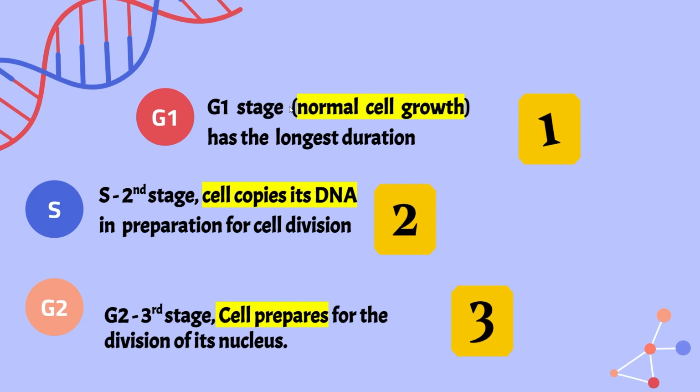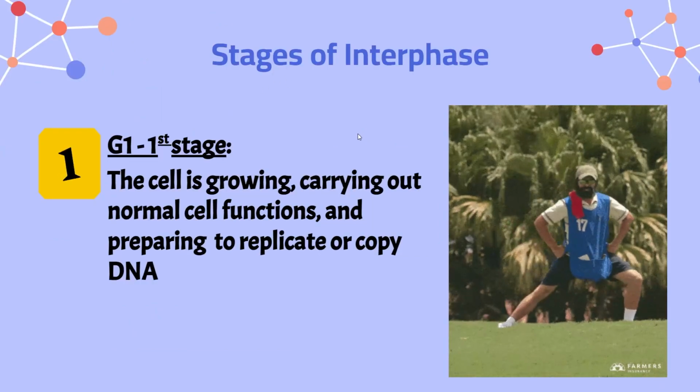In synthesis, the second stage, it copies its DNA and prepares for cell division. In G2, the third stage, it prepares for the division of the nucleus itself. So in synthesis, it's preparing for the division of the cell. In gap 2, or G2, it's preparing for the division of the nucleus.